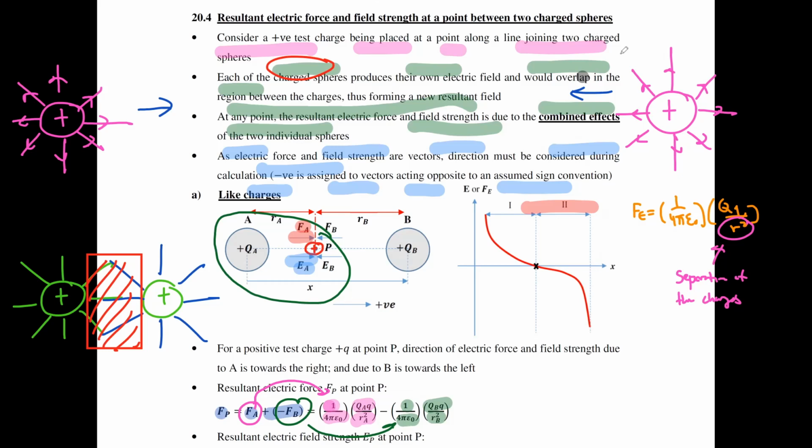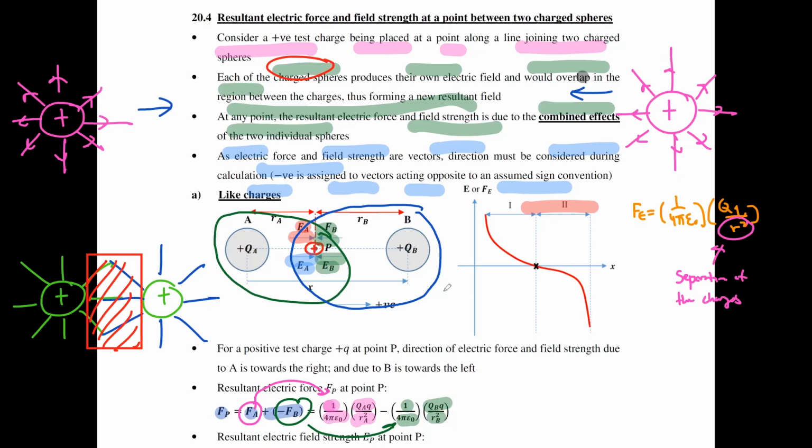Then you consider the electric field strength due to B. Because the direction of your electric force acting on a positive test charge here is towards the left, obviously your field strength due to B will also be in the same direction. So it will be towards the left too.